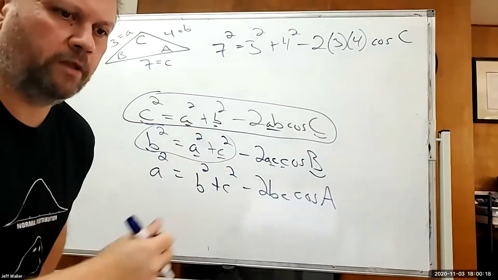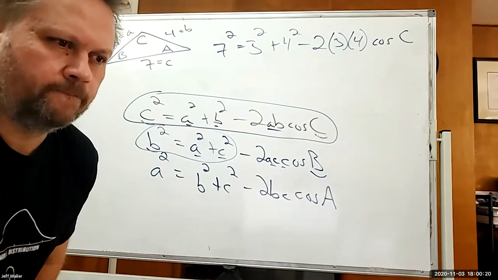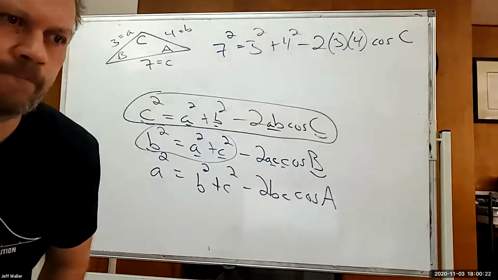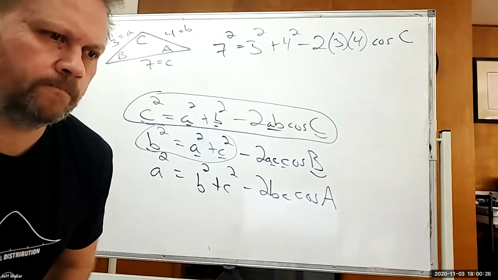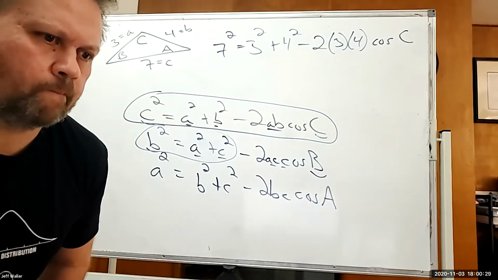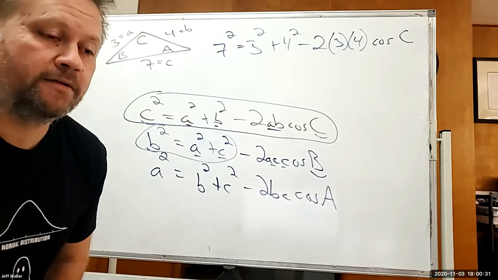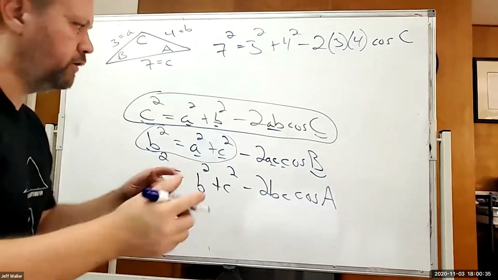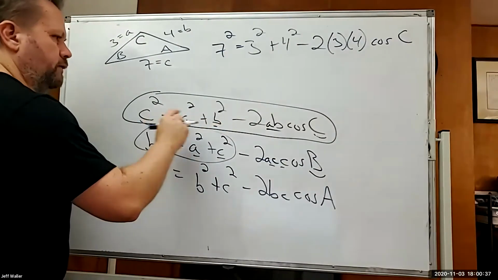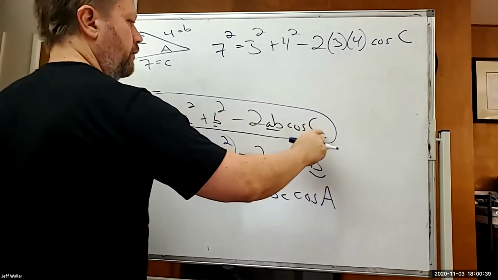Is anybody not with me right now? So basically all the variables represent the sides except for what's with cosine. Yes. Okay, so it's tradition or convention to use lowercase letters for sides, uppercase letters for angles.